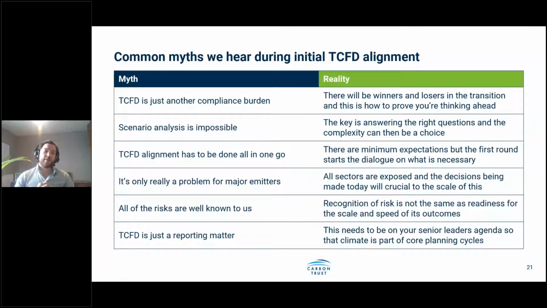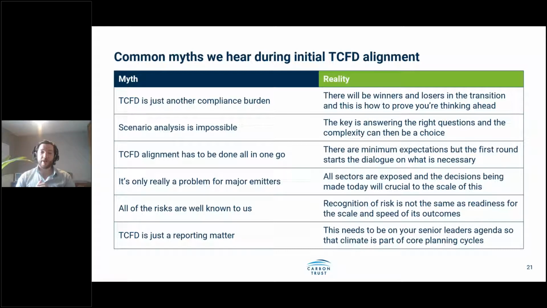And then on the other area around TCFD alignment, it may be 11 questions, but it can seem very intimidating to look at climate change across the board in such a detailed way. And as Dominic was saying with the case study presented, but also just what we've experienced in terms of that investor dialogue, there's definitely a minimum expectation in terms of making sure you're putting a good first position out there, but recognizing the faults, recognizing the gaps, and recognizing that this is a multi-year process is very much a key part of this.